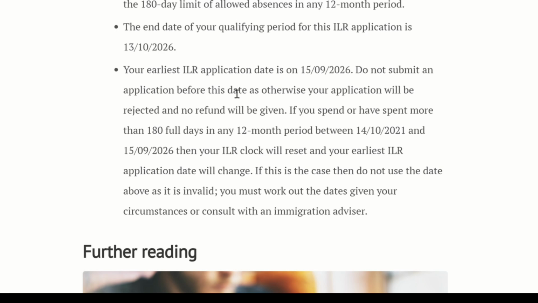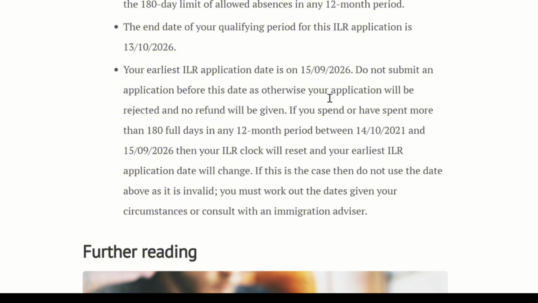If you spend or have spent more than 180 full days in any 12-month period between 14th October 2021 and 15th of September 2026, then your ILR clock will reset and your earliest ILR application date will change. If this is the case, then you do not use the date above as it's invalid.